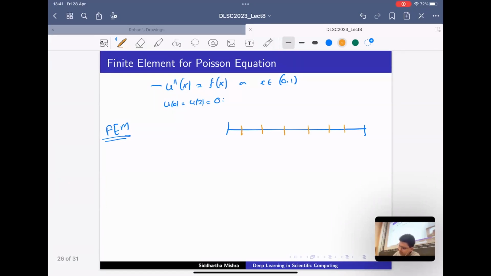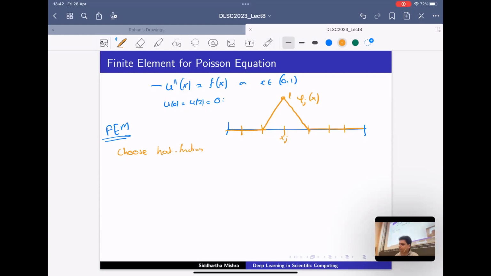And then you do the following. You choose what are called hat functions. These are functions which, let me draw, this is the jth point. A hat function looks something like this. This is phi j of x. It takes the value 1 here, and it takes the value 0 at all the other nodes.